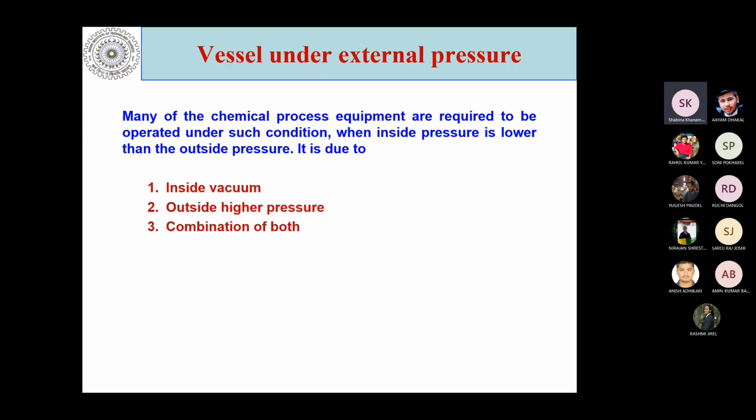So we basically have two different conditions. One is inside vacuum, and second is when inside is atmosphere and outside is more than atmospheric pressure. Or we can have a combination of both, meaning inside vacuum and outside more than atmospheric pressure. Whether this type of situation occurs in the chemical industry or not, of course it occurs, and a very common example is the multiple effect evaporator.